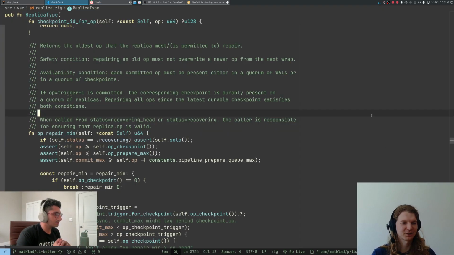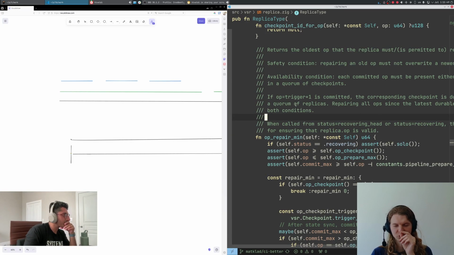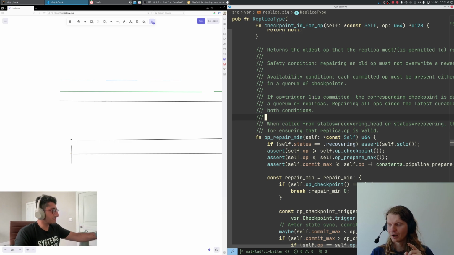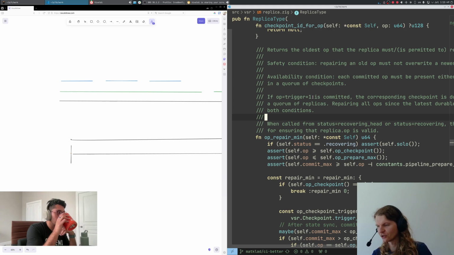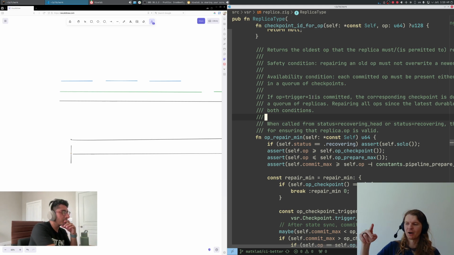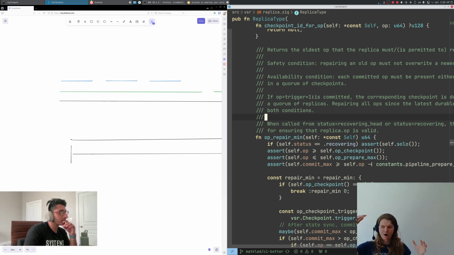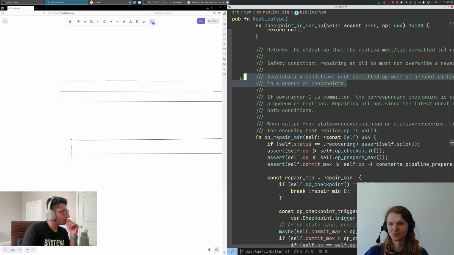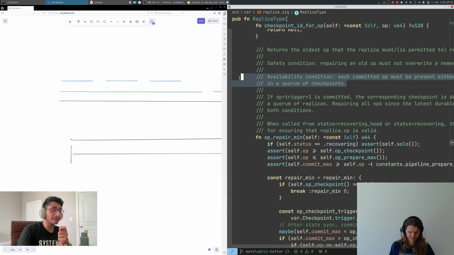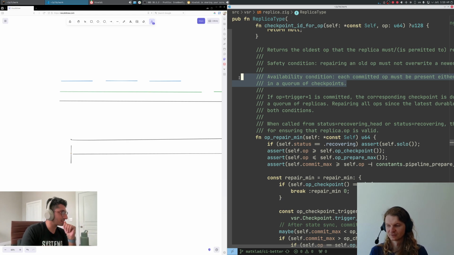Okay, I'm a little bit confused about what you are asking. Are you asking why this trigger +1 is wrong, or are you asking about what we discussed before, why we even need this availability condition? Yeah, why we need to ensure that. I do understand why we need the quorum. That is clear to me.